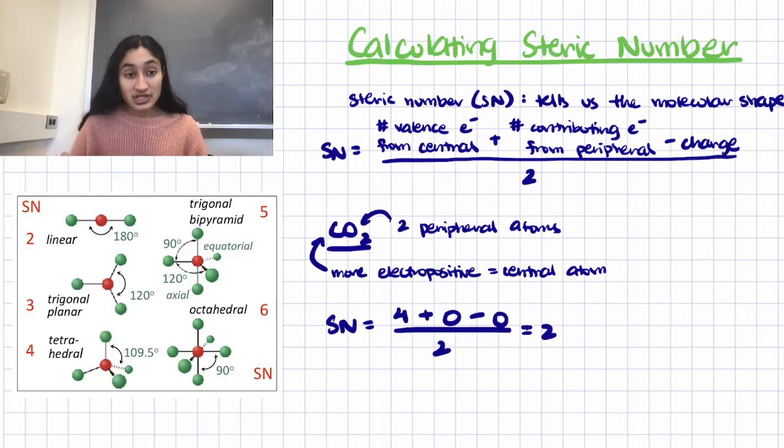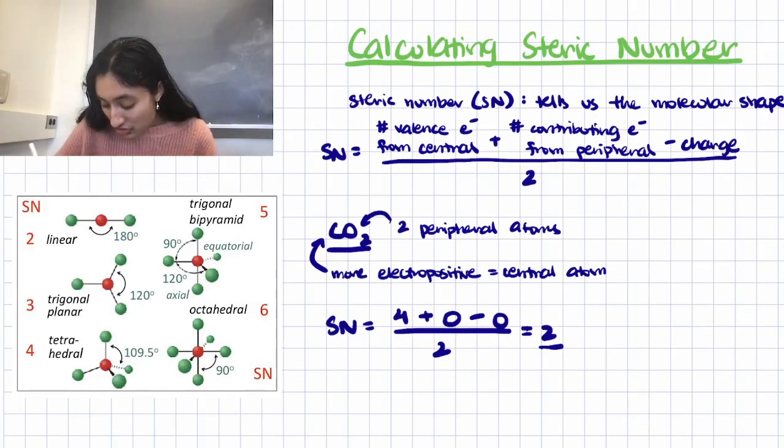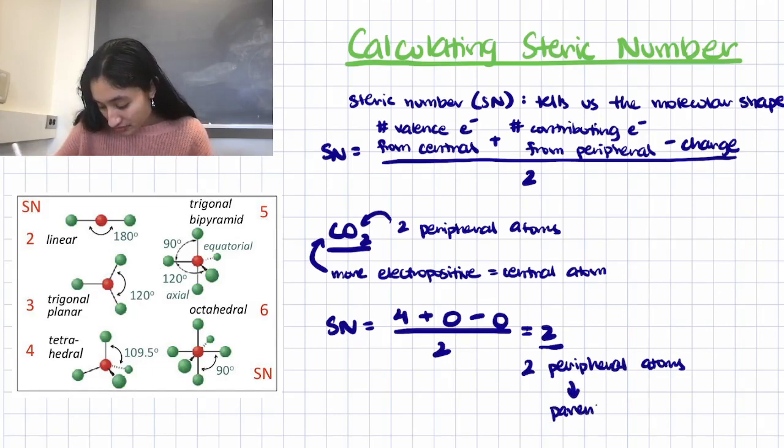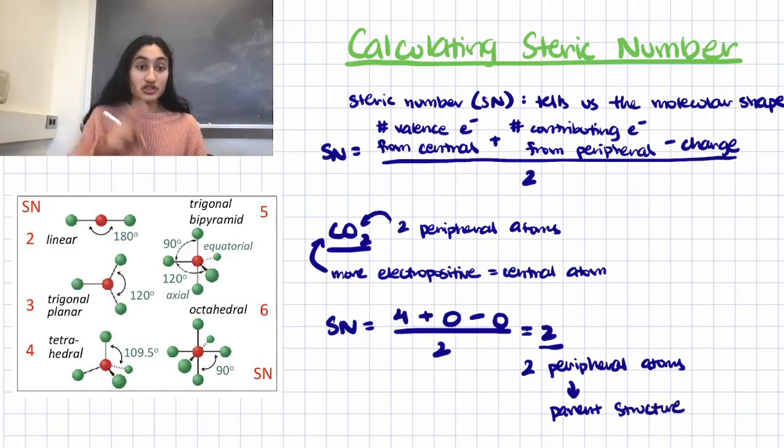The first thing to consider is that if you have a steric number of 2 and you have 2 peripheral atoms, this means that you're looking at the parent structure. That's perfect, because the table on the left shows the parent structures for the different steric numbers. So what is the parent structure for SN of 2?